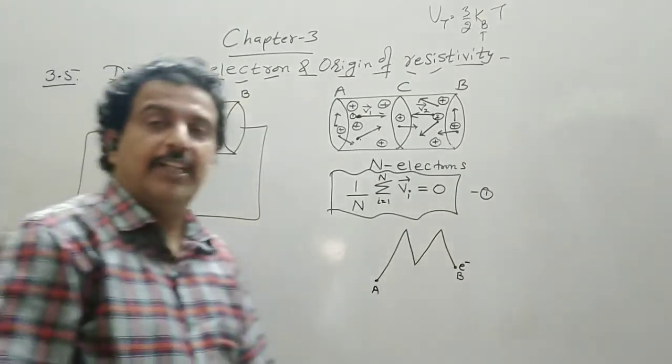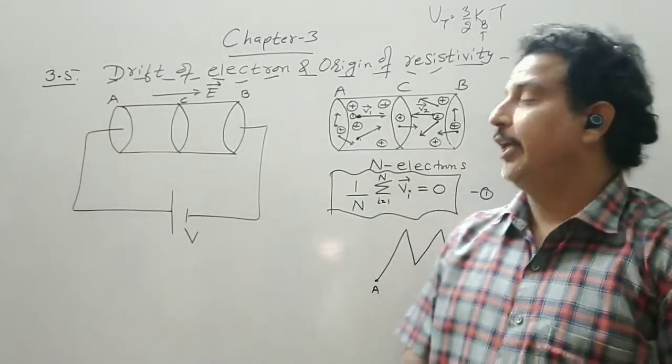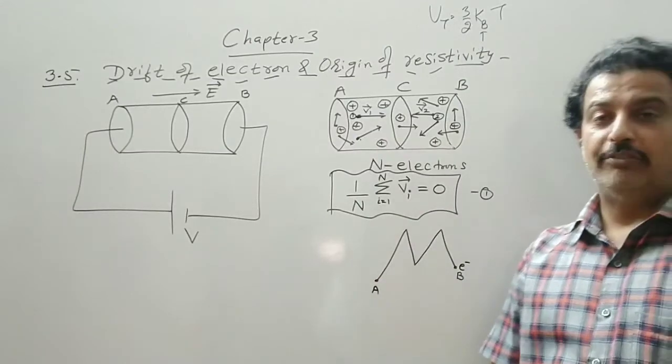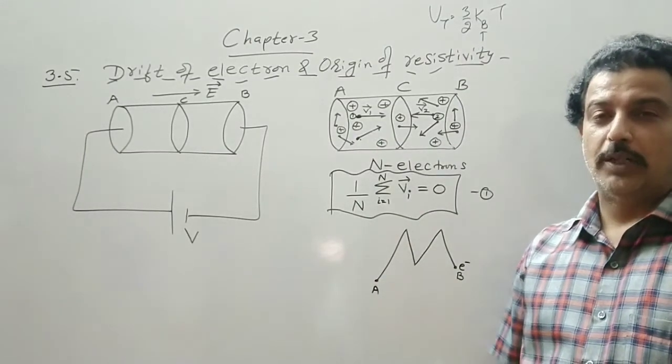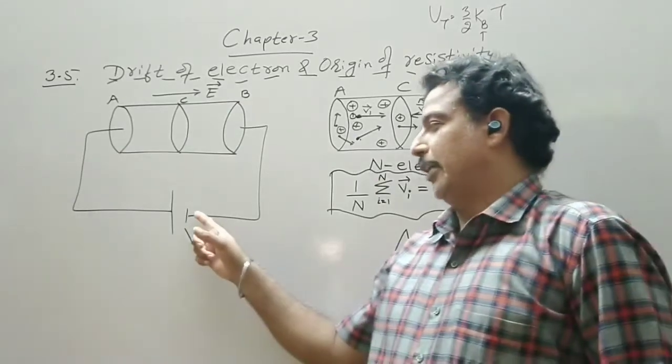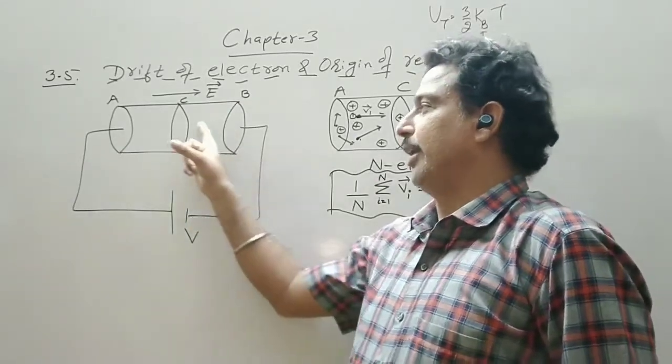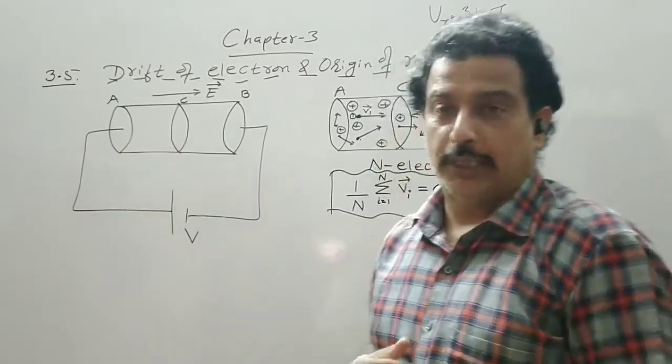The electric field is established from cross section A to cross section B. Now we know that electrons move from low potential to high potential.